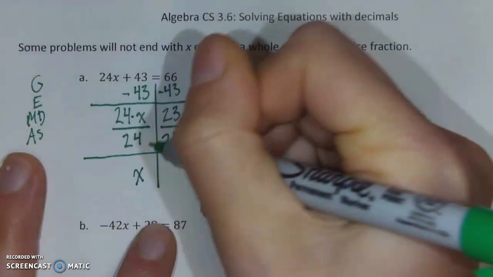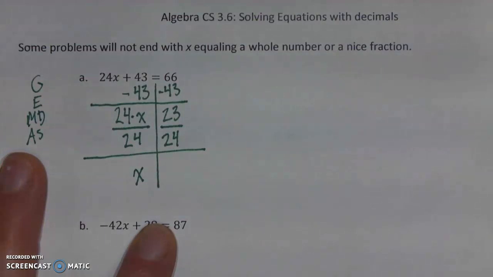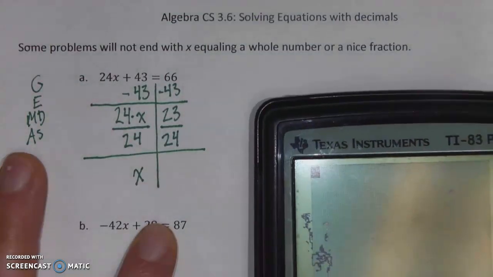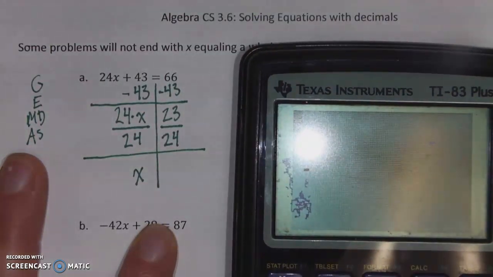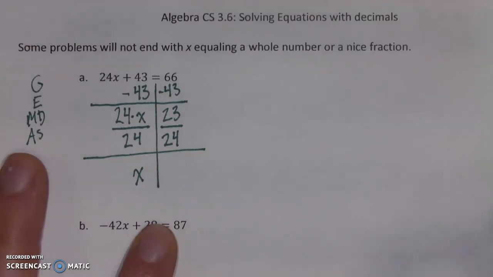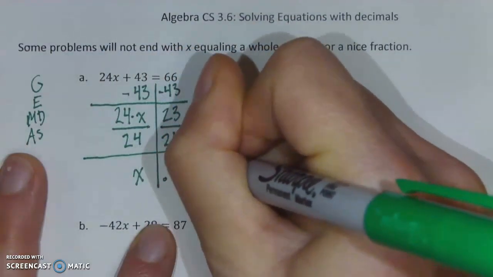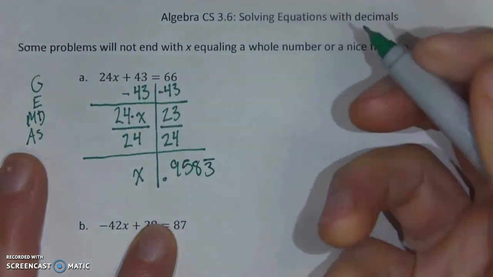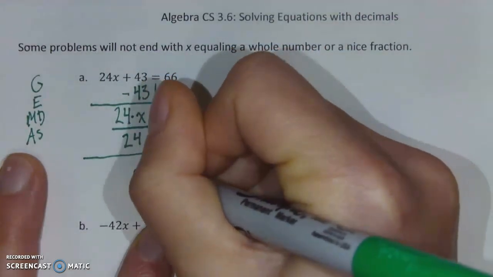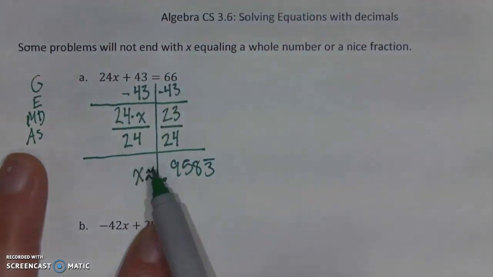Now here's where it's a little odd, because let's take my calculator for a second. If I do 23 divided by 24, I get an answer of 0.9583 repeating. So this would be approximately 0.9583, right? And by the way, when we do approximately, we use this little squiggly equal sign.